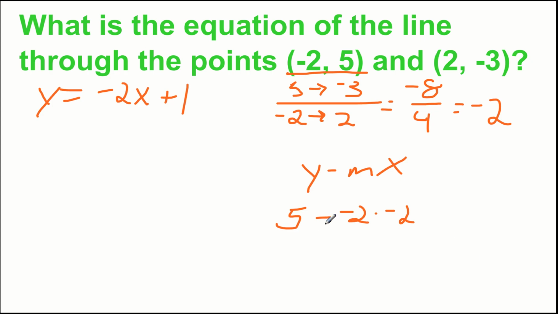We still have that minus there, though. So we got 5 minus 4. That's where the positive 1 comes from. Very quickly, very easily.